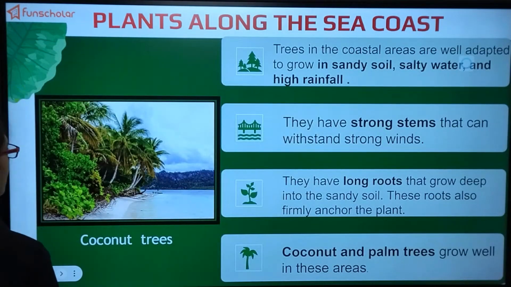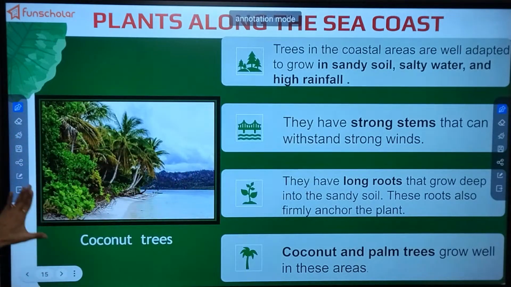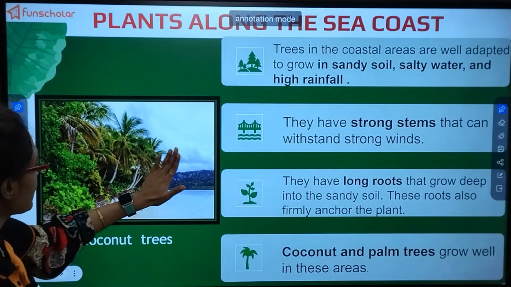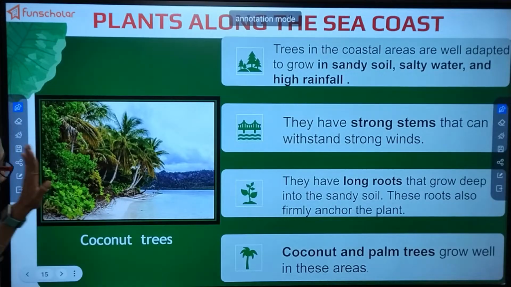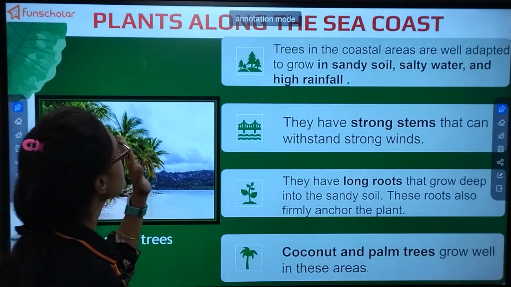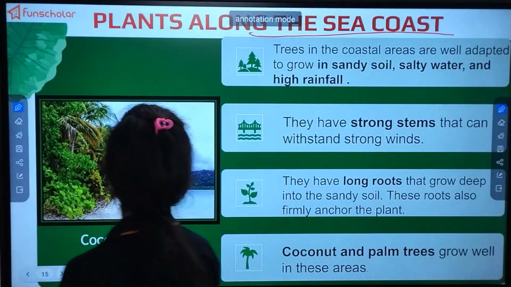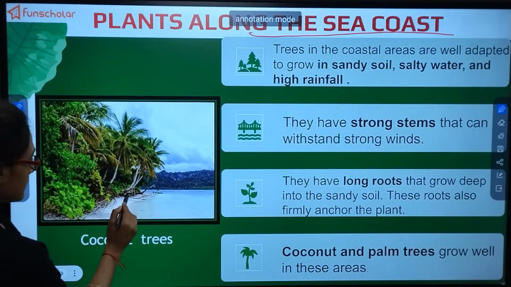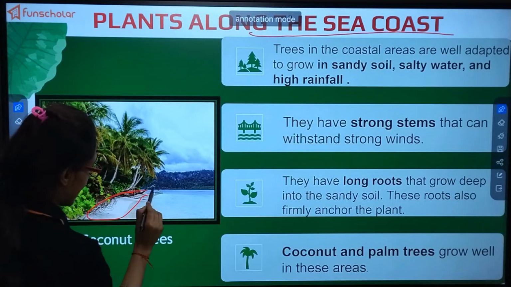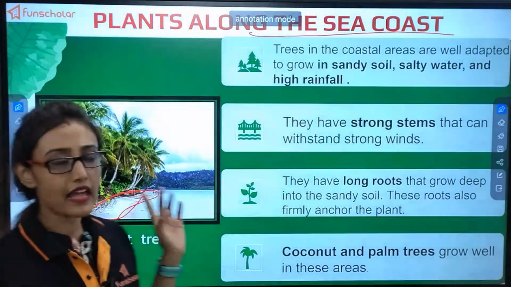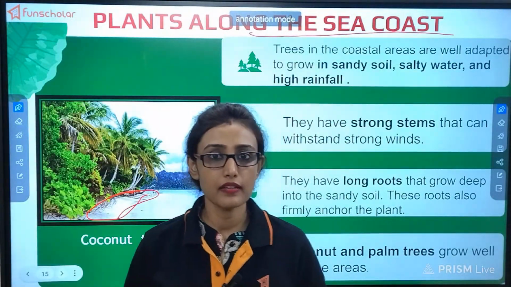Okay. Now, which place do you think this is? This is a coastal region. This is the sea, and see, so many coconut trees are being grown in this place. So this place is along the sea coast. Now just look over the sand. Is it clayey, like the soil we see in the plain region?